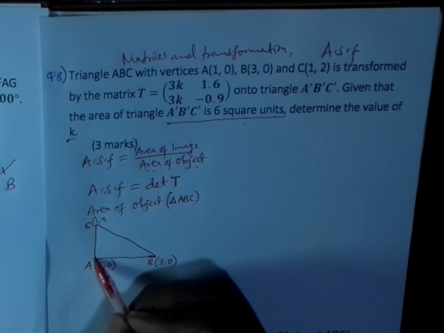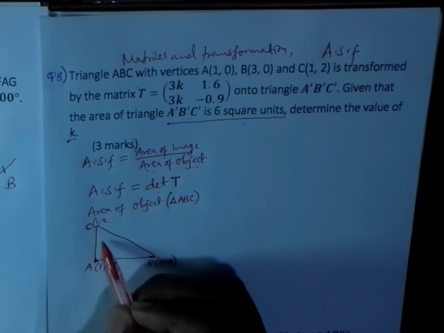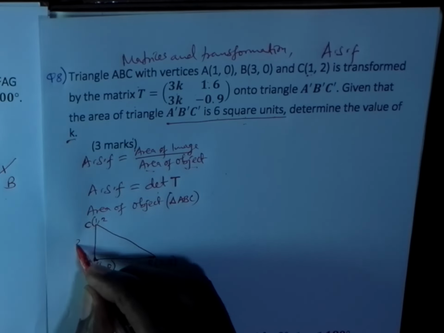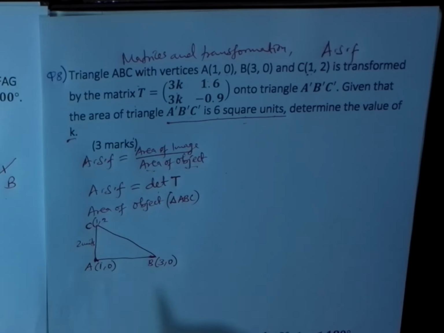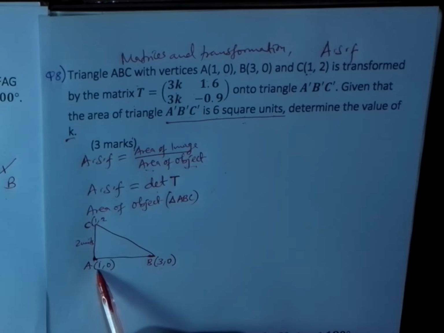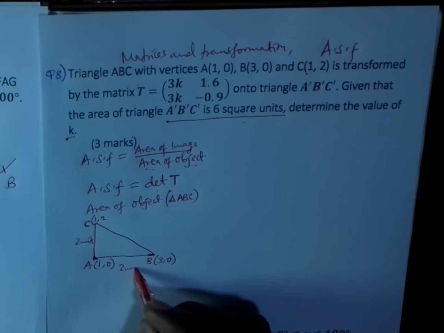So from A to C, since there is a change in the y coordinate from 0 to 2, that is 2 units. And then A to B, there is a change in the x coordinate from 1 to 3, so the difference is 2 units.